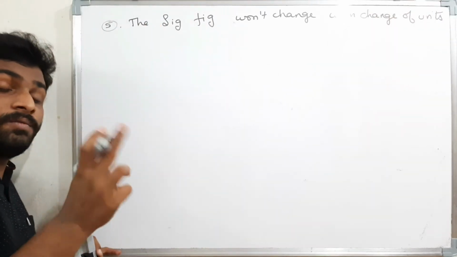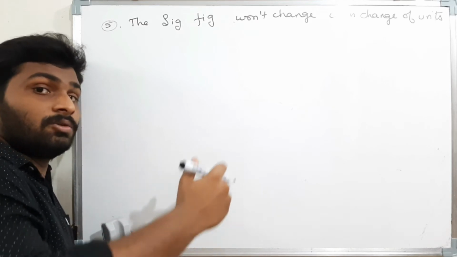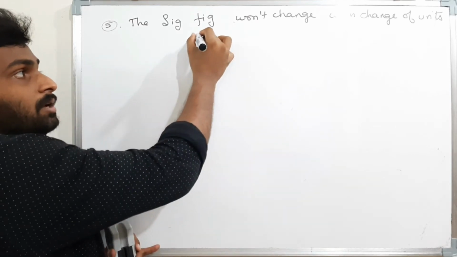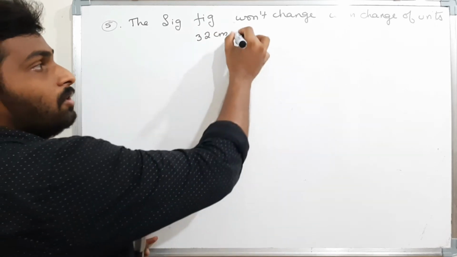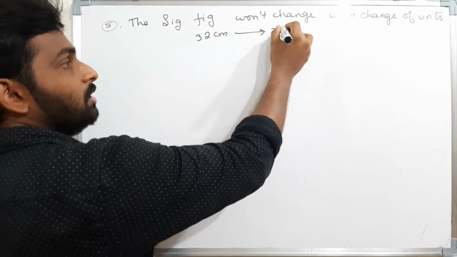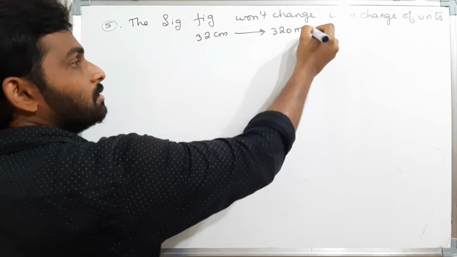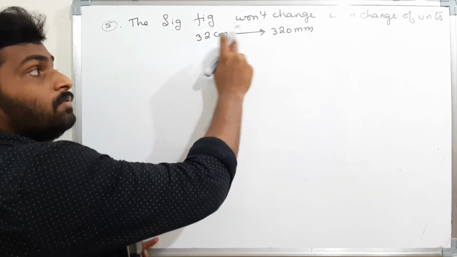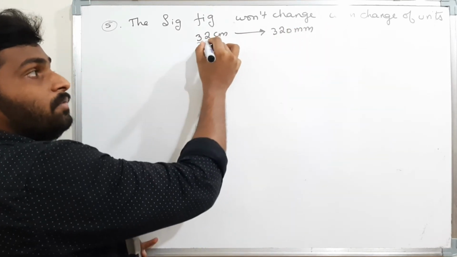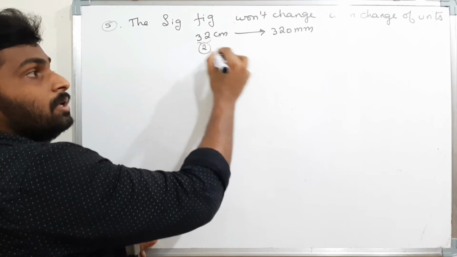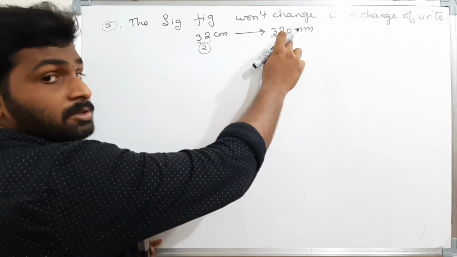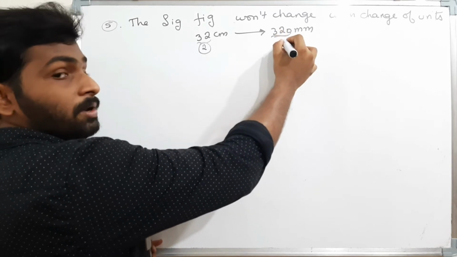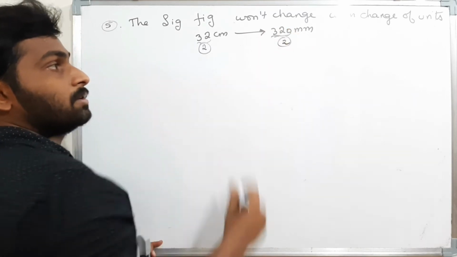The significant figures won't change when I change the units of the measurement. For example, 32 centimeters. If I convert it into millimeters, how much? 320 millimeters. Even if I change the unit from centimeter to millimeter, how many significant figures? 32 means 2. 320 means how many? This 0 is not counted because it is on the right side and there is no decimal point. Therefore, 2 significant figures.